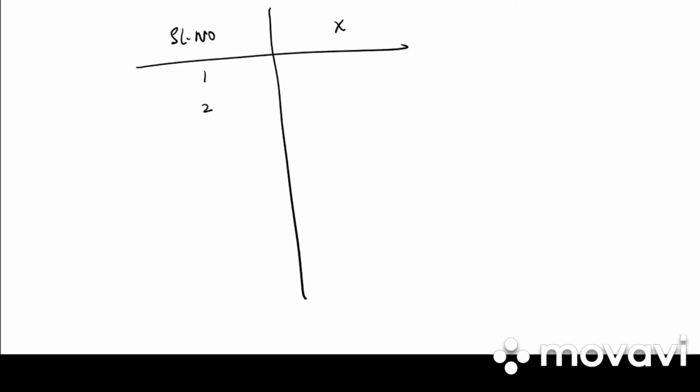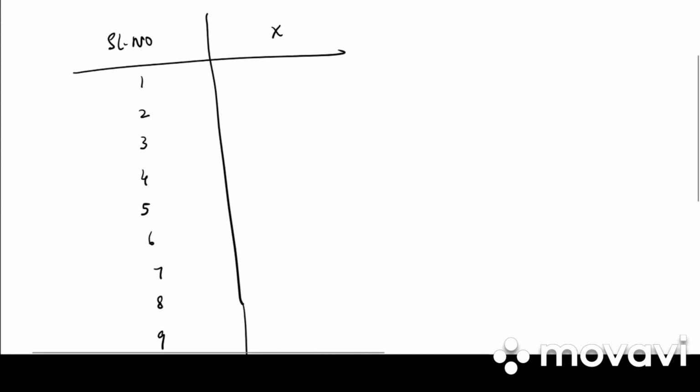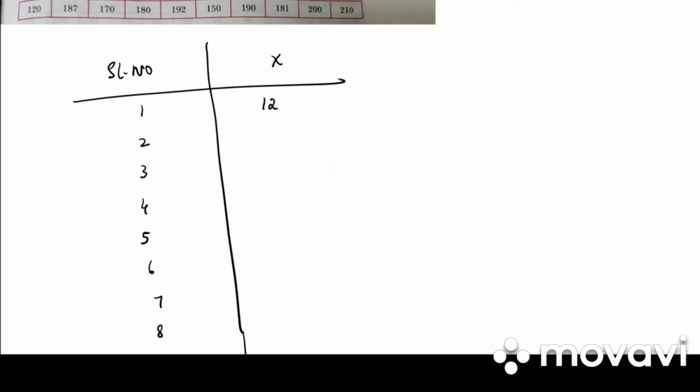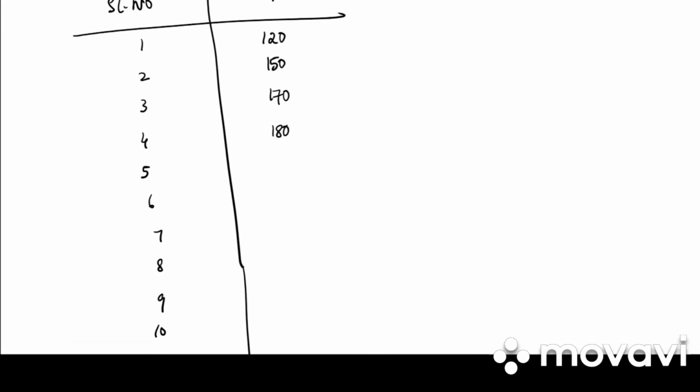So 1, 2, 3, 4, 5, 6, 7, 8, 9 and 10. We need to arrange it from ascending to descending order. 120, 150, 170, 180, 181, 187, 190, 192, 200 and 210.